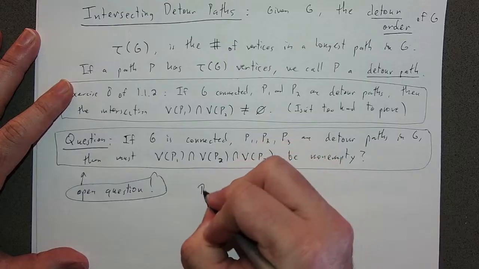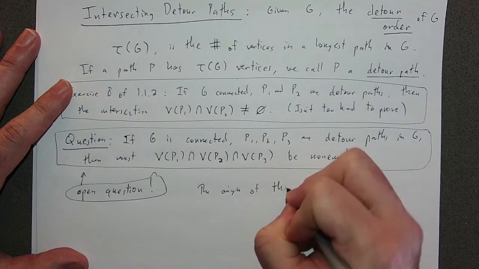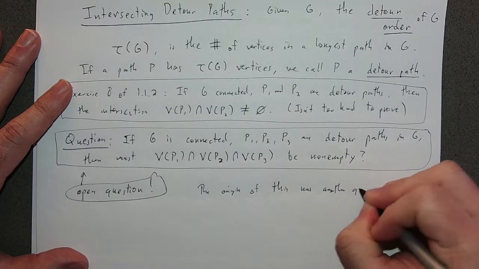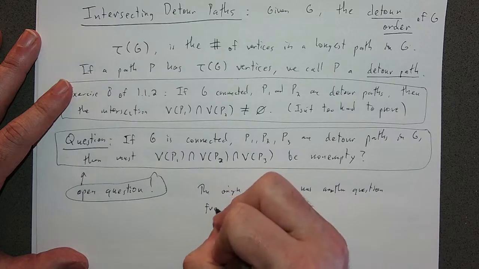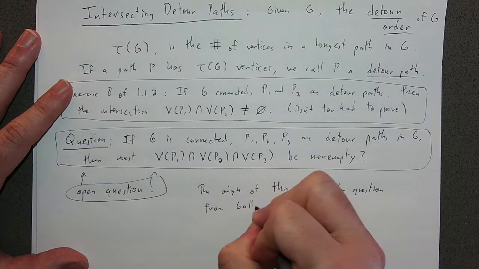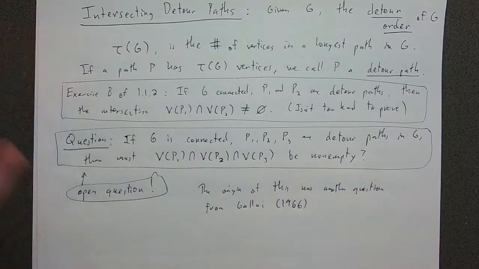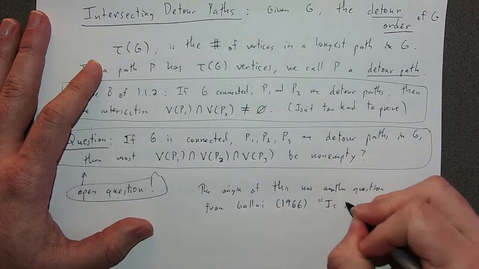The origin of this was another question from Gallai in 1966, which was, is it true in every connected graph there's at least one vertex that lies on every detour path? Which I'll just write here.